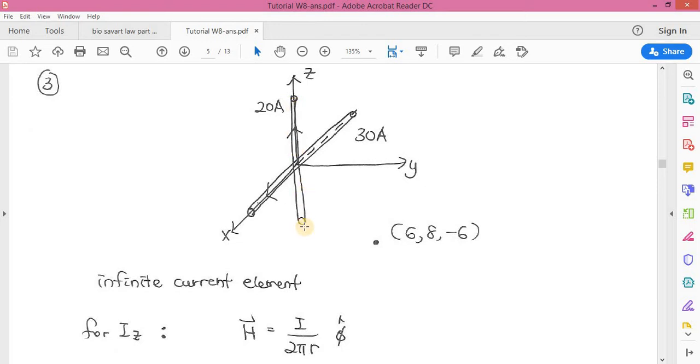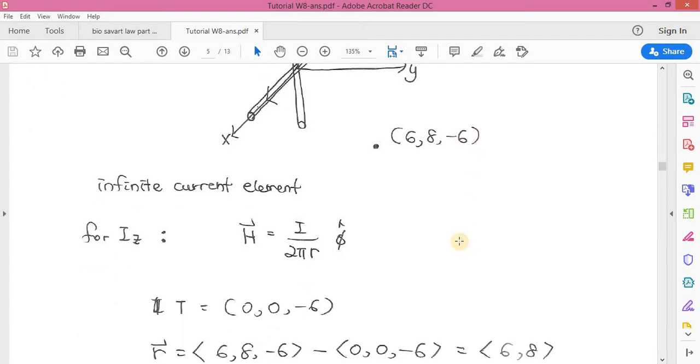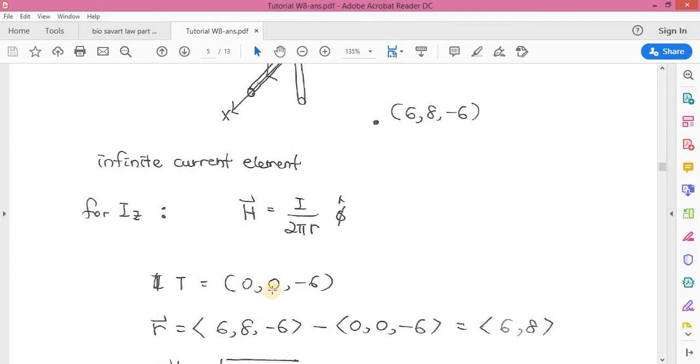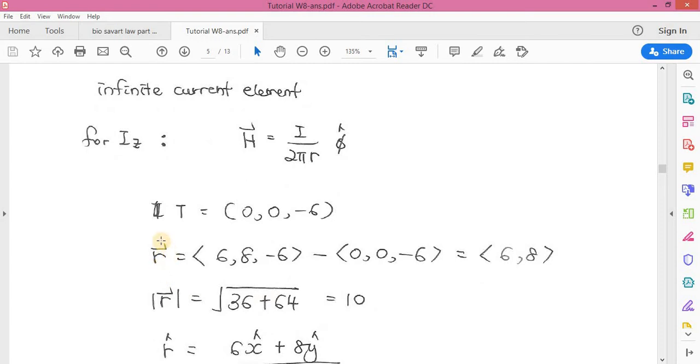For the value of position Z, you just follow the value of the observation point, which is -6. So here you have 0, 0, -6. When you need to find the vector R, you take the observation point minus the source point, the point T, and then you will get this one.